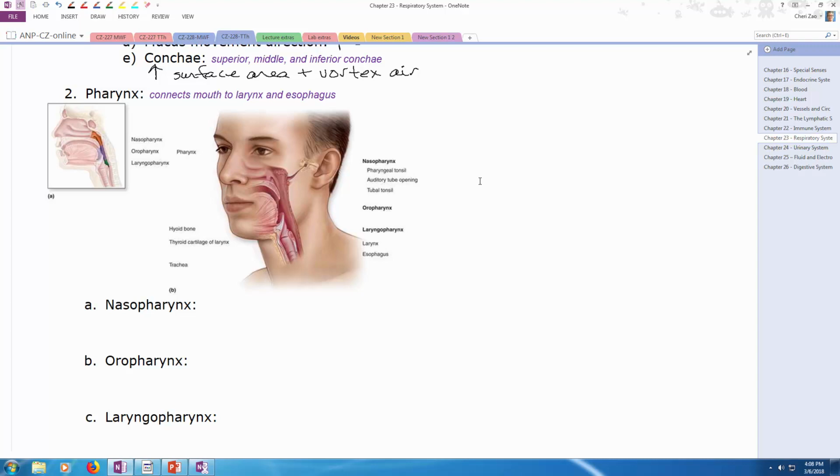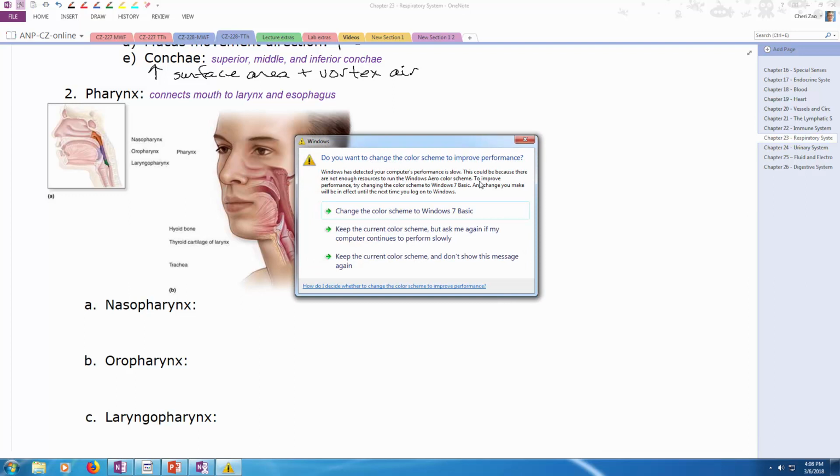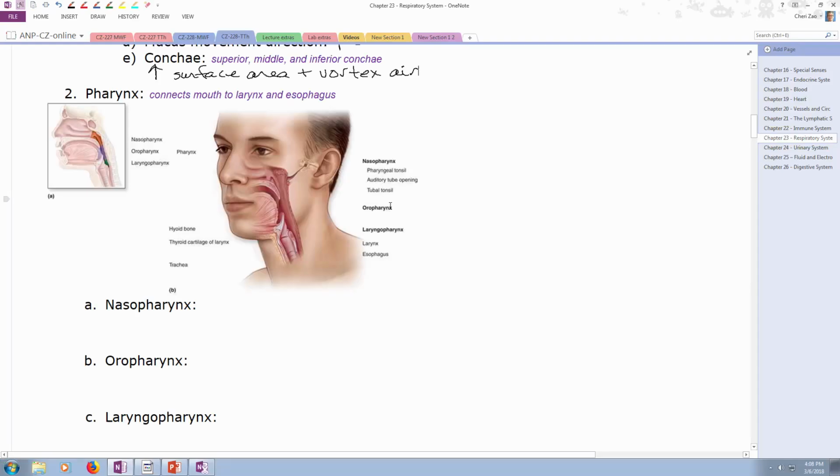Let's take a look at the nasopharynx and the structures located in that. It comes up every single time. Structures associated with the nasopharynx. Remember, it's continuous with the nasal cavity posteriorly.